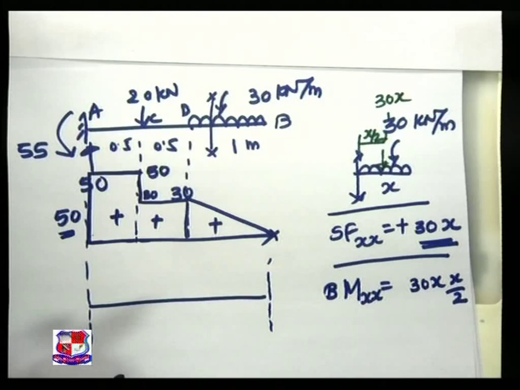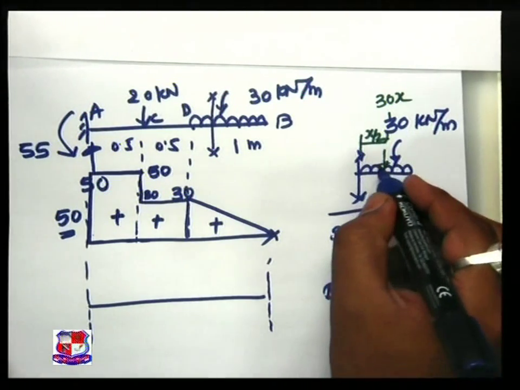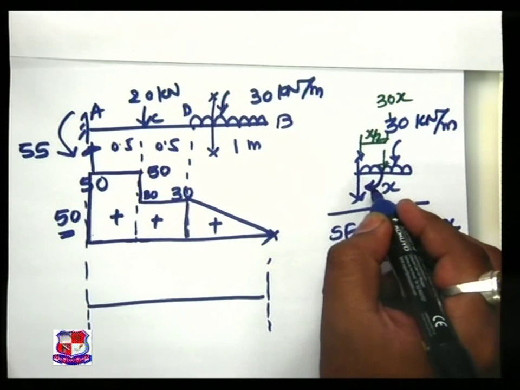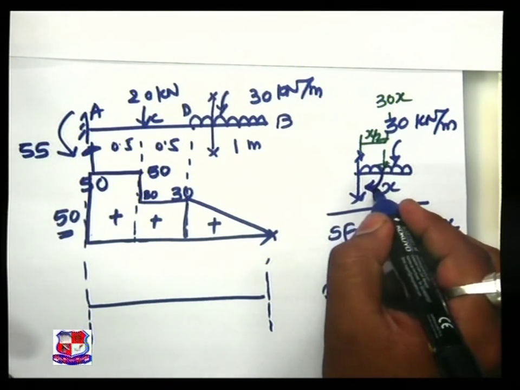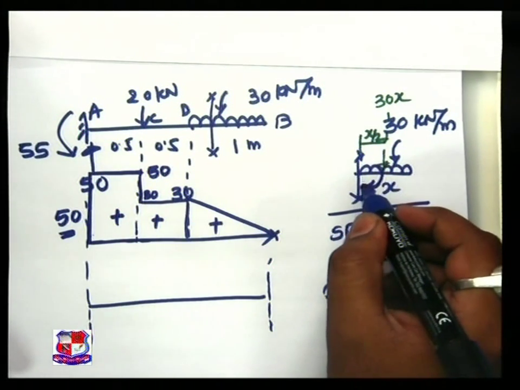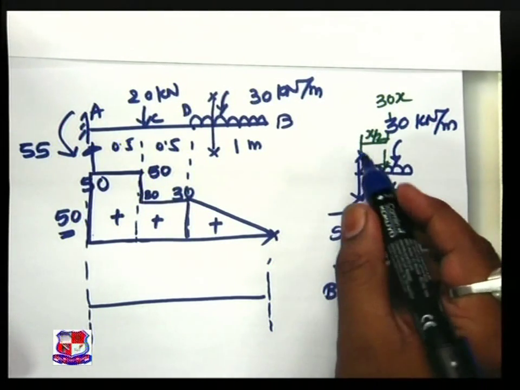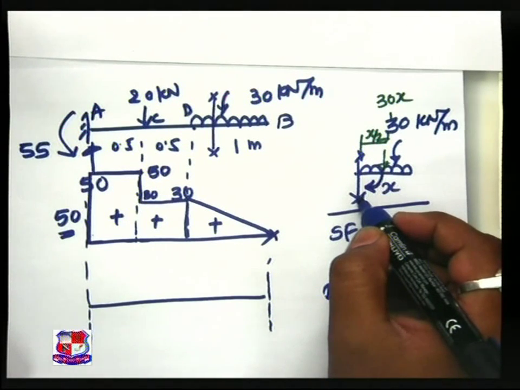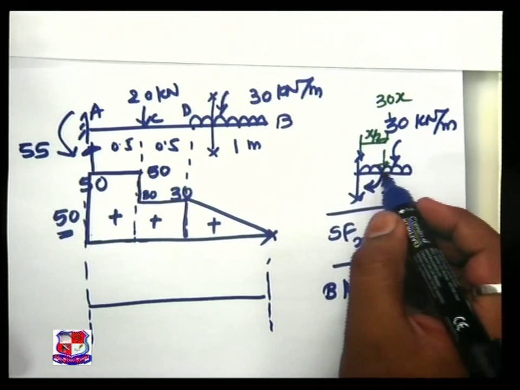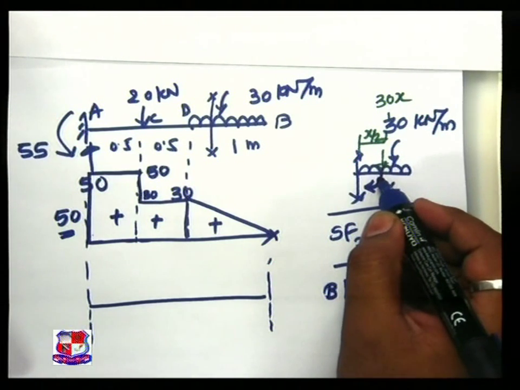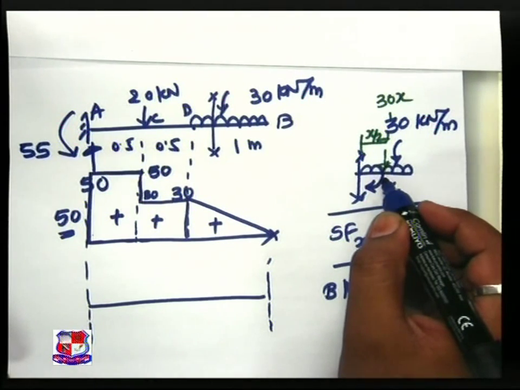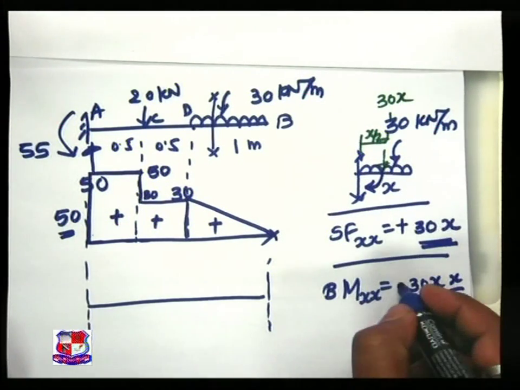Now the question is about the sign conventions, very important. Definitely this moment is clockwise. Now don't only use the word clockwise; the section is utmost important. So section right clockwise creates the hogging moment, and as per our sign conventions the hogging moment is treated as negative, so minus sign.